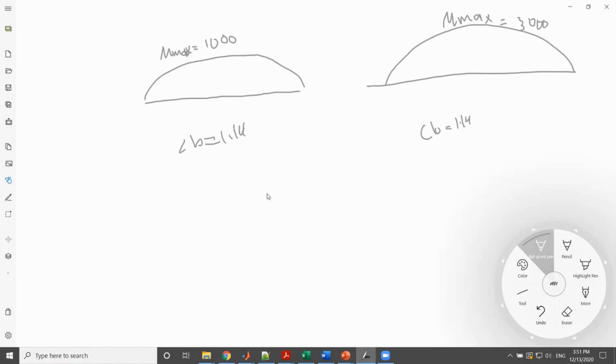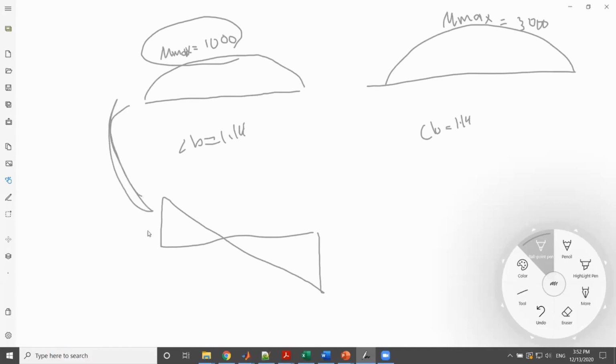Therefore, the CB value is based on the shape of your moment diagram. It's not about the values. But of course, if the moment diagram is different, like this, for instance, the value would be different. Like this shape is different than that one, obviously. So this is something you can consider.